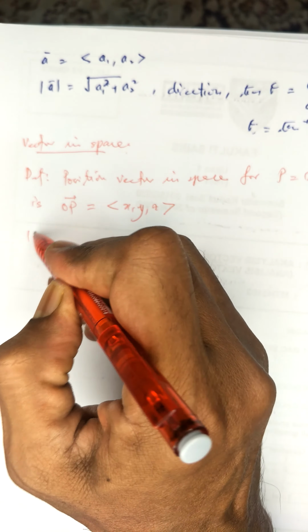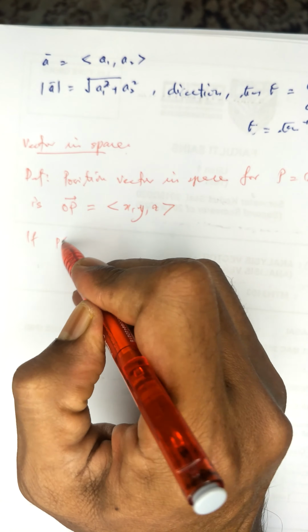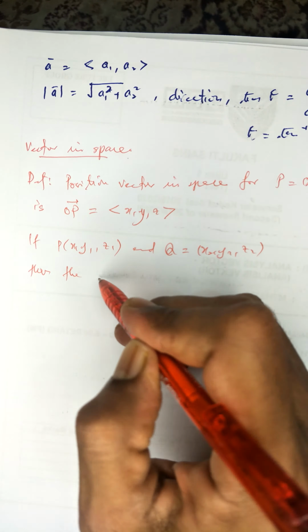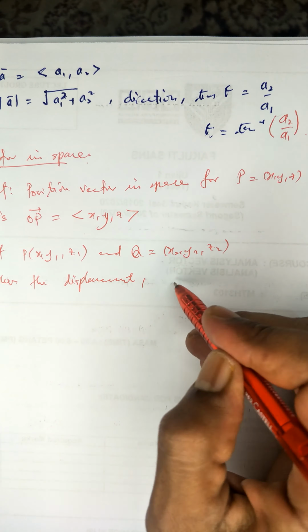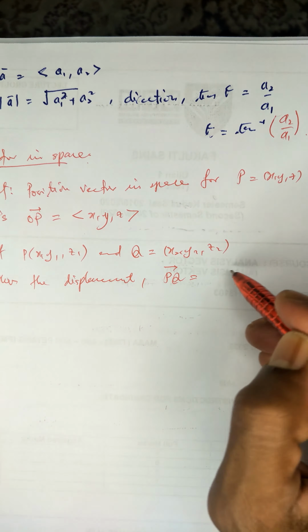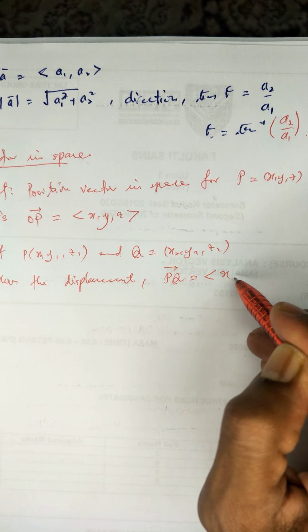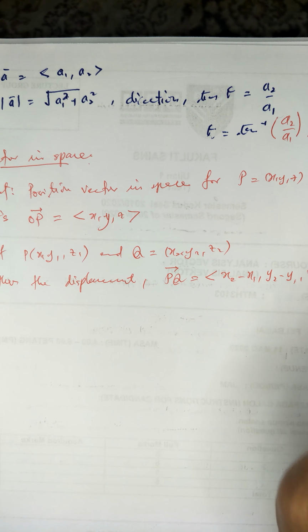Then if we have a point P (x1, y1, z1) and a point Q (x2, y2, z2), the displacement or vector PQ is defined as x2 minus x1, y2 minus y1, z2 minus z1.